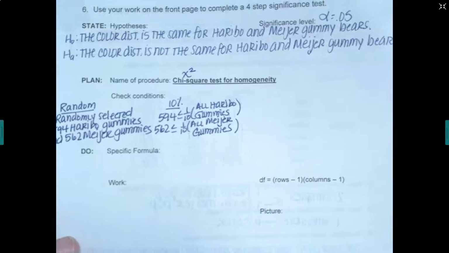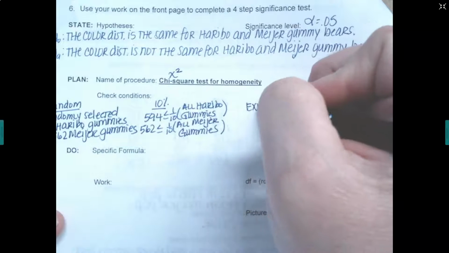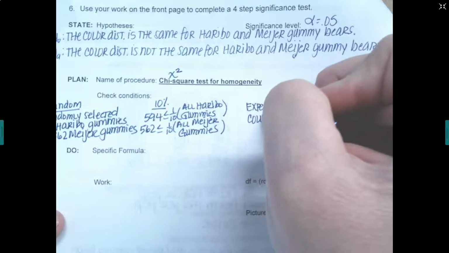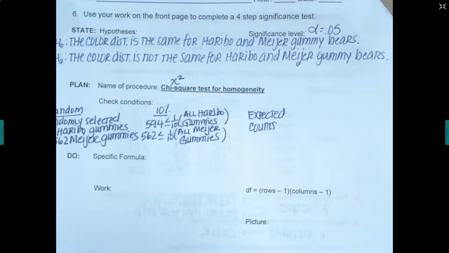All right, for our expected counts, our large counts here. Normally I would say go ahead and make a table here with everything in it. We have already done that back over here.